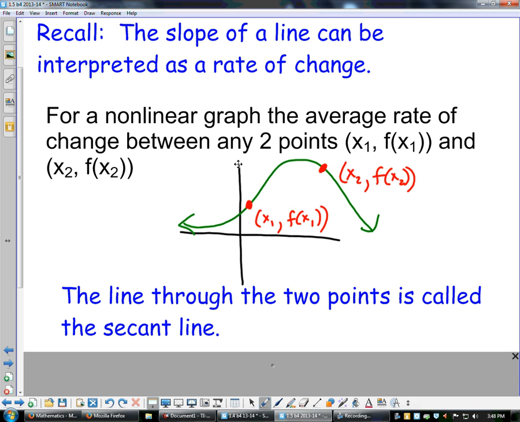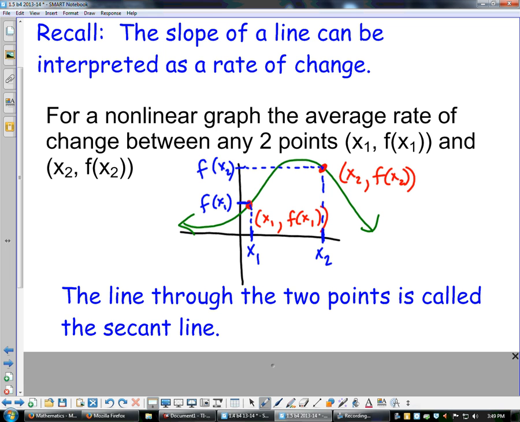First of all, this x1, that is the x value right here, and here, this x value is going to be x2, whereas the height of this ordered pair, that is your f of x1, and the height here is your f of x2.